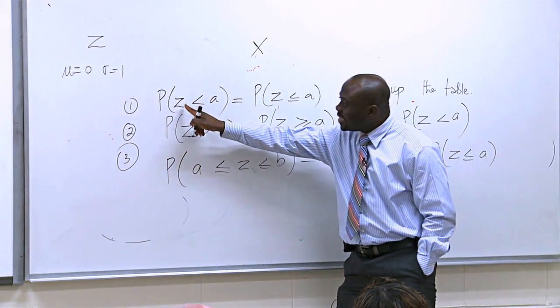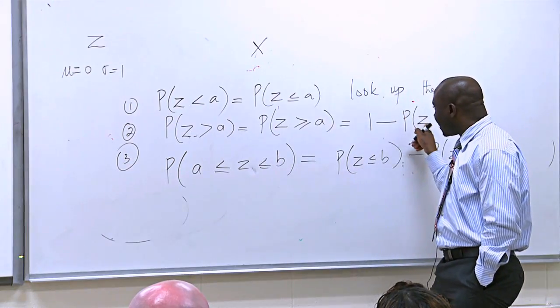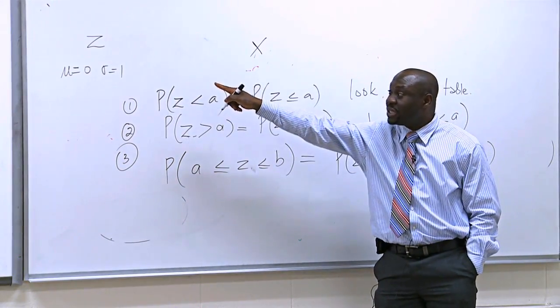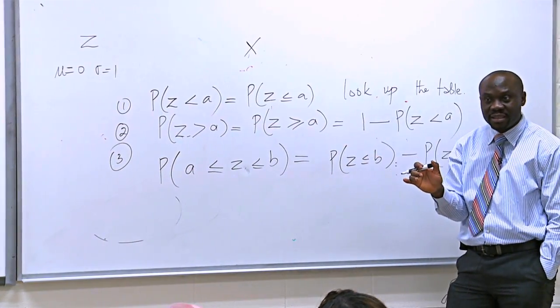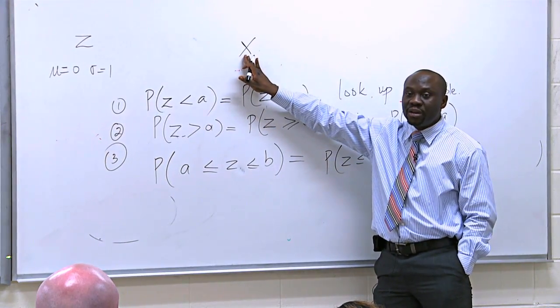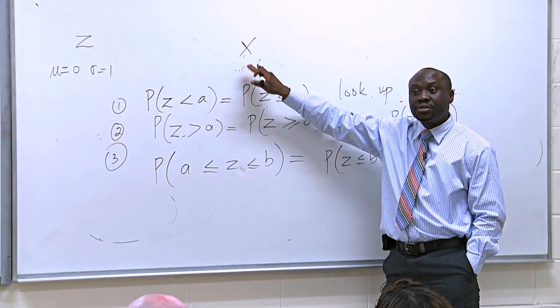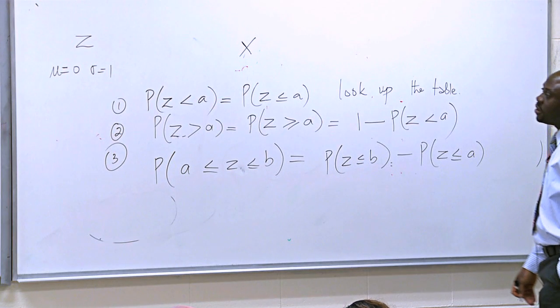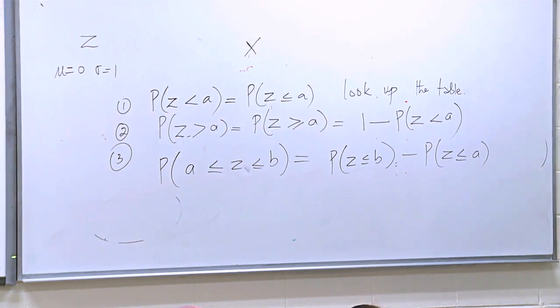Now, because you are seeing Z all over, it means we are dealing with the standard normal. Does that make sense? This has nothing to do with the non-standard normal. We will get to the non-standard normal later, and then we know what to do with that.